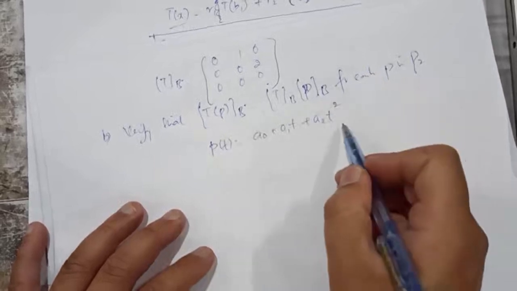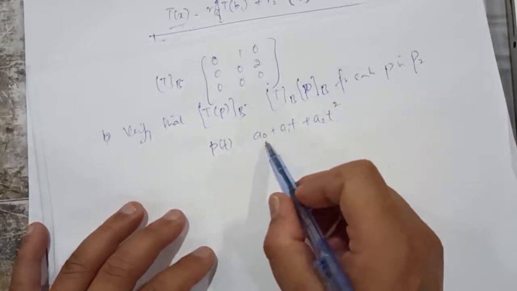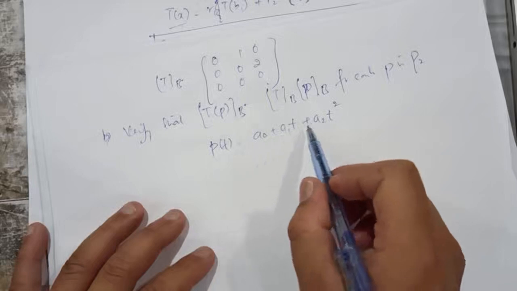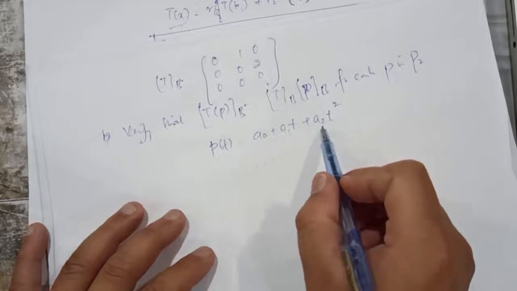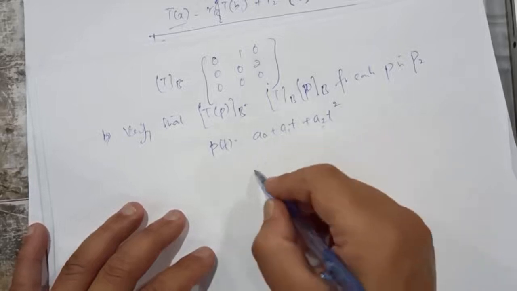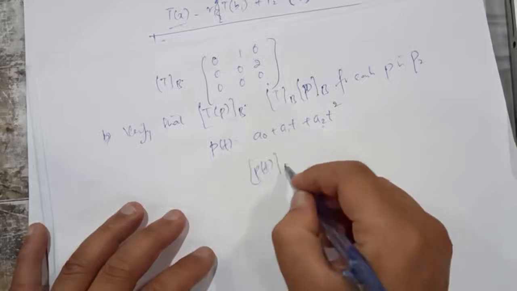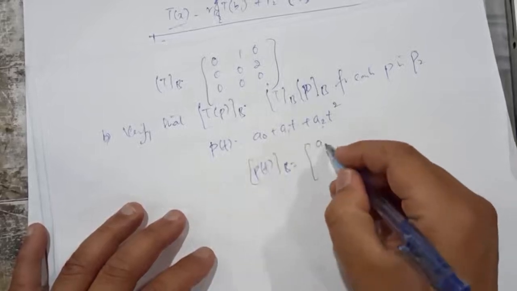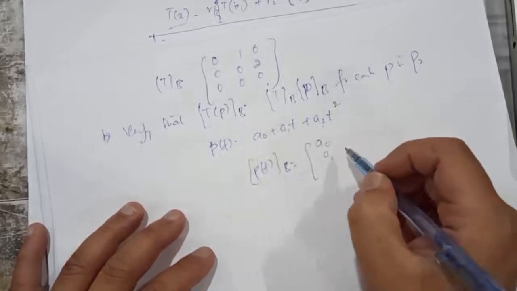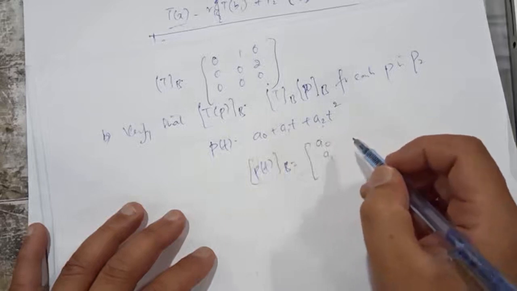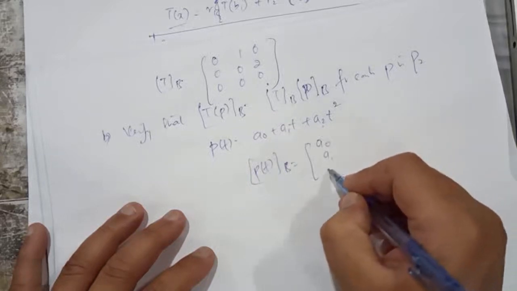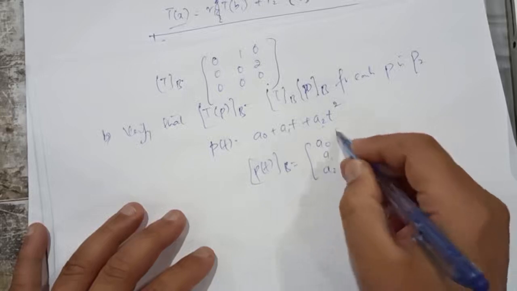So 1, t, t square are the bases, and a naught, a1, a2 are its coefficients. So we can say that P in B is nothing but a naught, a1 and a2.